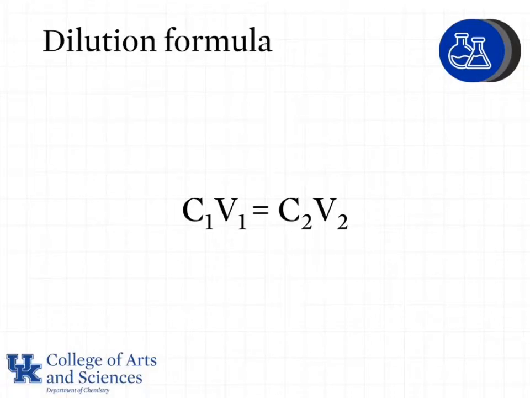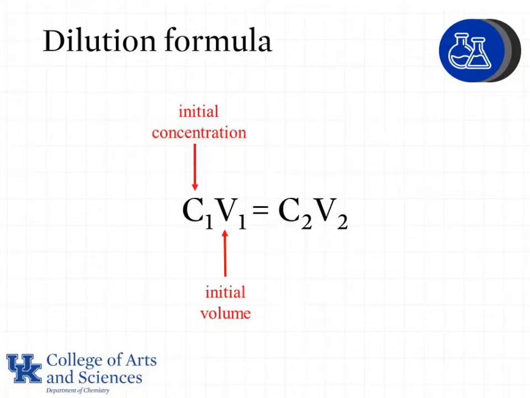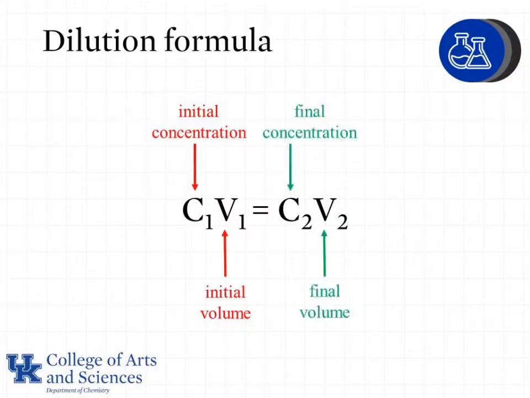The formula we use in dilution calculations is C1V1 equals C2V2. C1 and V1 stand for the initial concentration and the initial volume. C2 and V2 stand for the final concentration and the final volume.